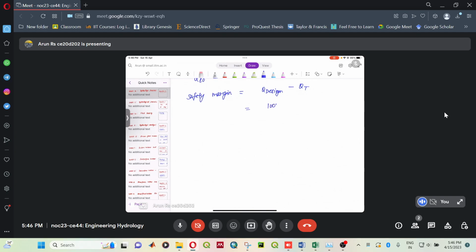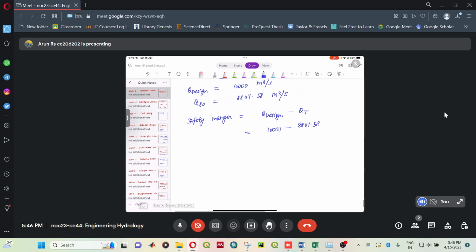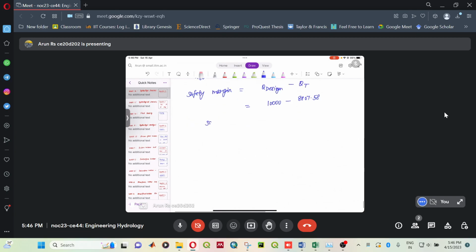So this will be 10,000 minus 8807.58. Safety margin is equal to 1192.42 meter cube per second.